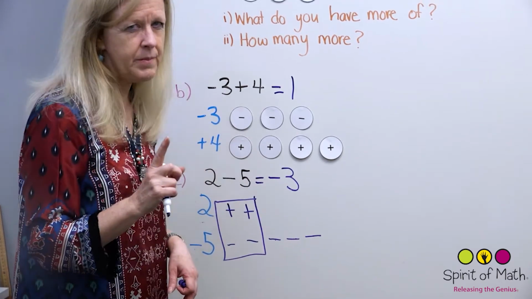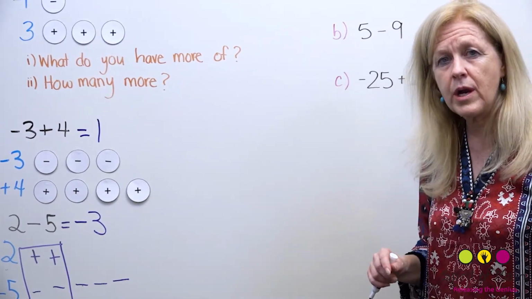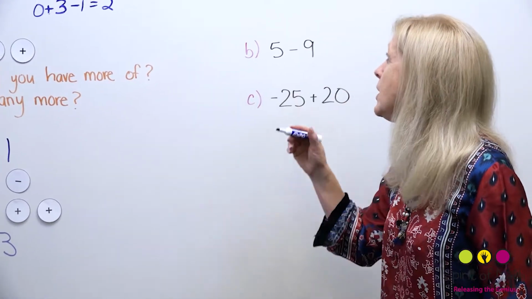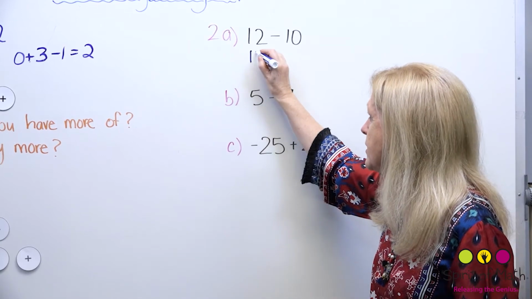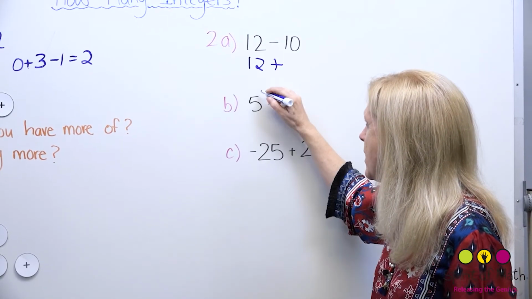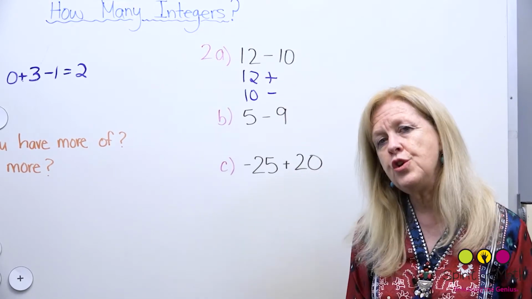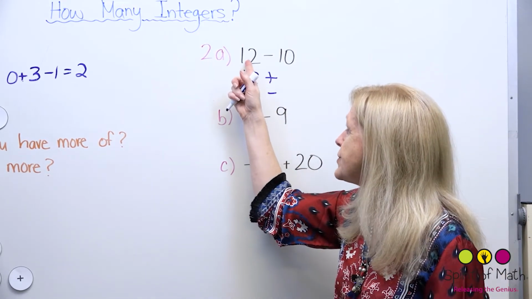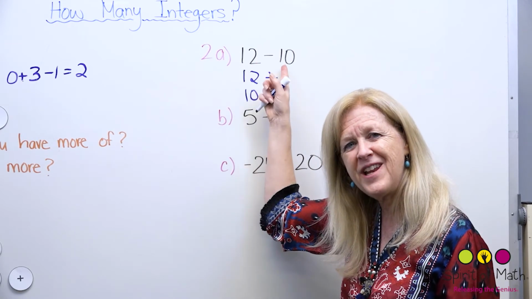Let's do another one. I said a lot, so let's go through this a little bit slower and see what happens here. You've got 12 positives and 10 negatives. Do you have more positives or more negatives? Which is the bigger number, the positive or the negative?